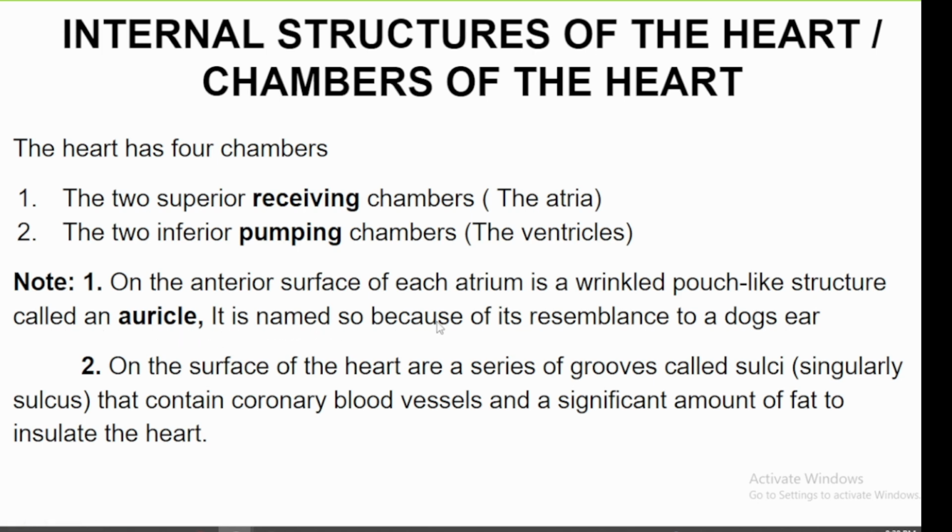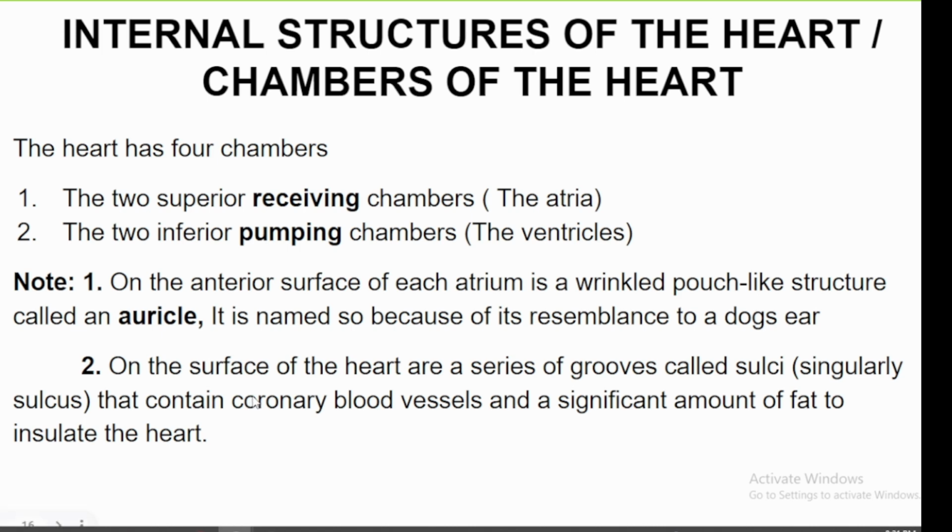It is named so because of its resemblance to a dog's ear. Oftentimes I hear people calling the atrium auricle. However, the auricle is just a wrinkled pouch-like structure on the anterior surface of the atrium. Are we following? The auricle is not the atria itself.